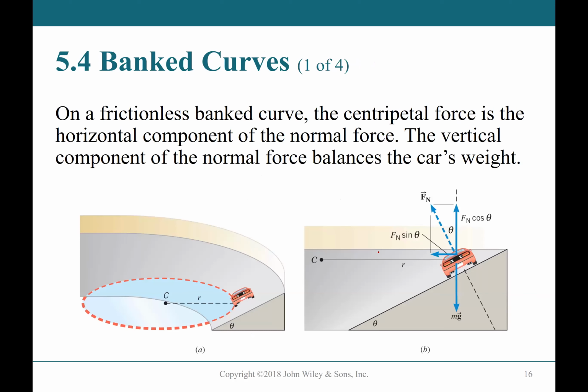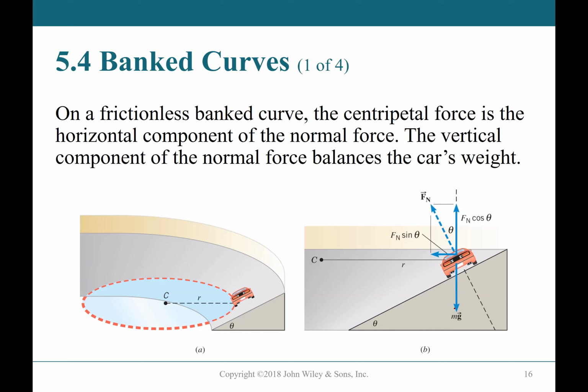Now, on a frictionless banked curve, the centripetal force is the horizontal component of the normal force. Now remember, we've gone through and I've shown you how the normal force is always the perpendicular component, okay? But the weight is always acting straight down.